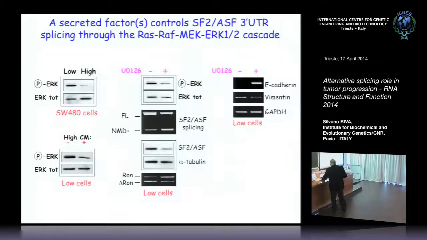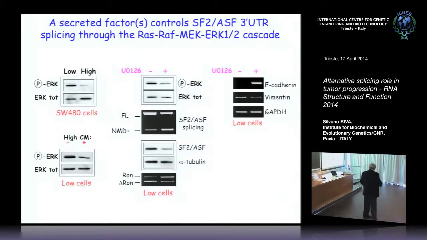And so we asked whether the secreted factor that causes that effect on the SF2 3' UTR splicing, which in turn causes the effect on RON splicing, works through a kinase. We discovered that this secreted factor or factors that control the SF2 UTR splicing does it through the RAS, RAF, MEK, ERK cascade.